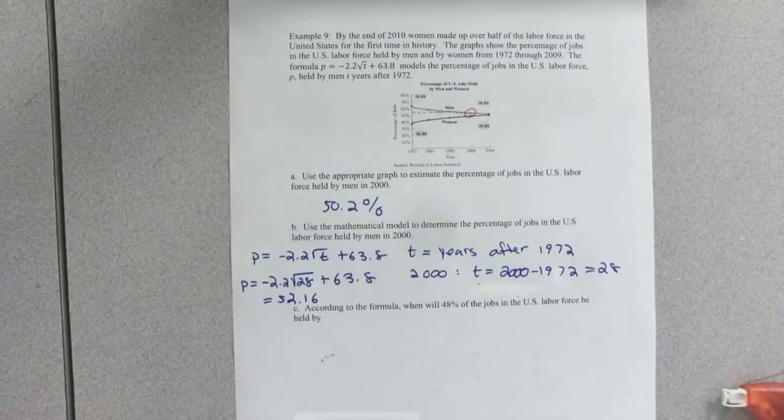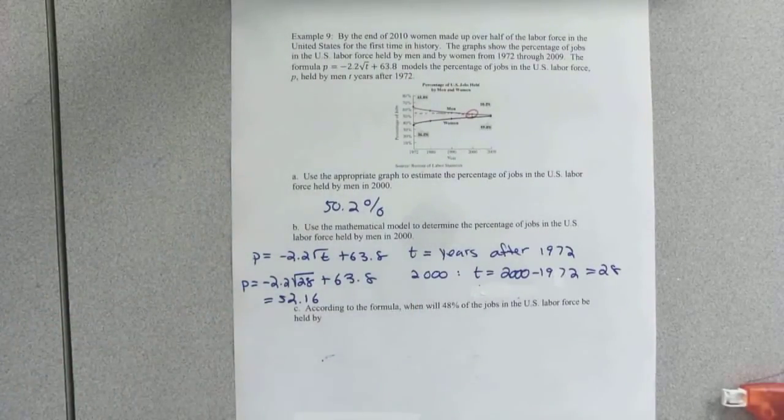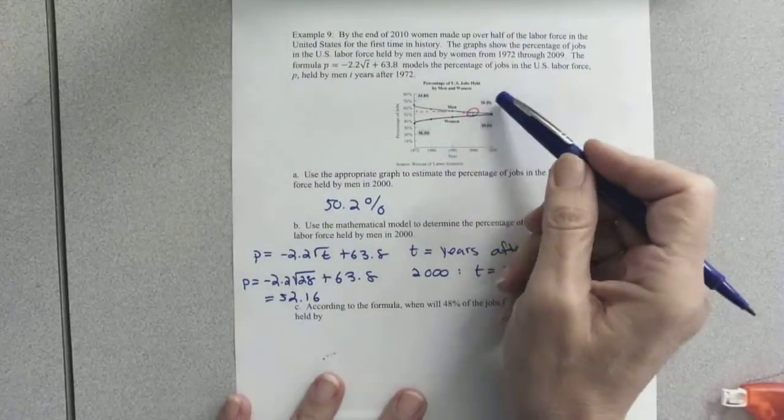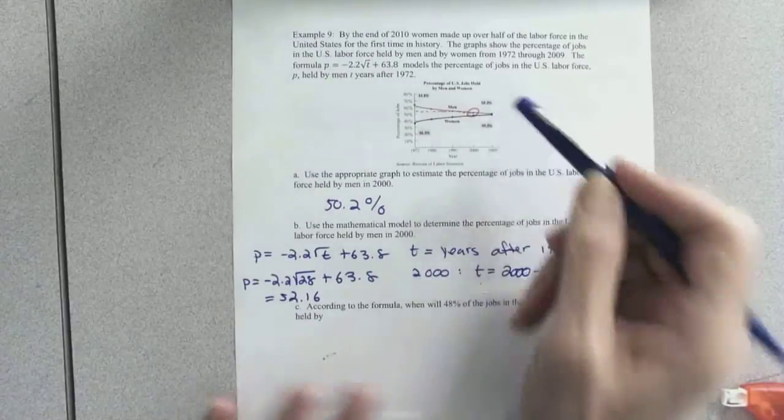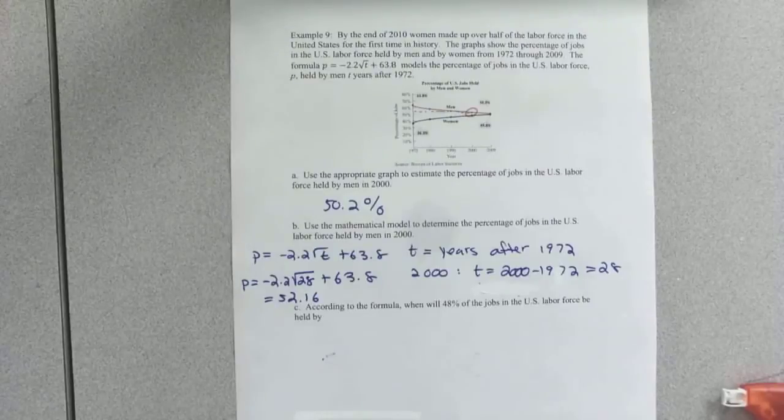Not completely, but somewhat. The reason I say it should somewhat match is that mathematical models estimate what's going on. Here's the actual data. Here's a function that comes close to modeling that data.